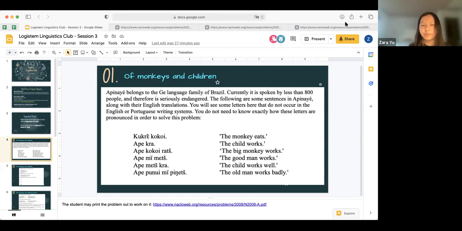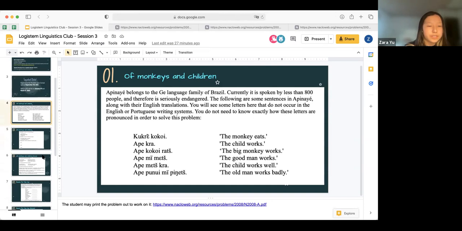I'll give you guys around 10 to 20 minutes to solve this problem, or if you need more time, you can let me know. If you have a solution, you can check it by yourself on the slides following this, or you can just send it to me in chat.